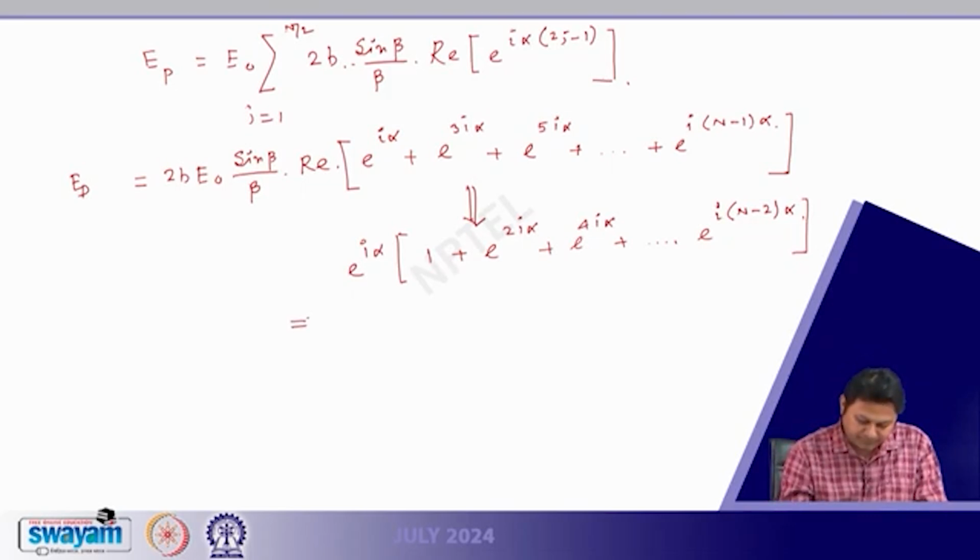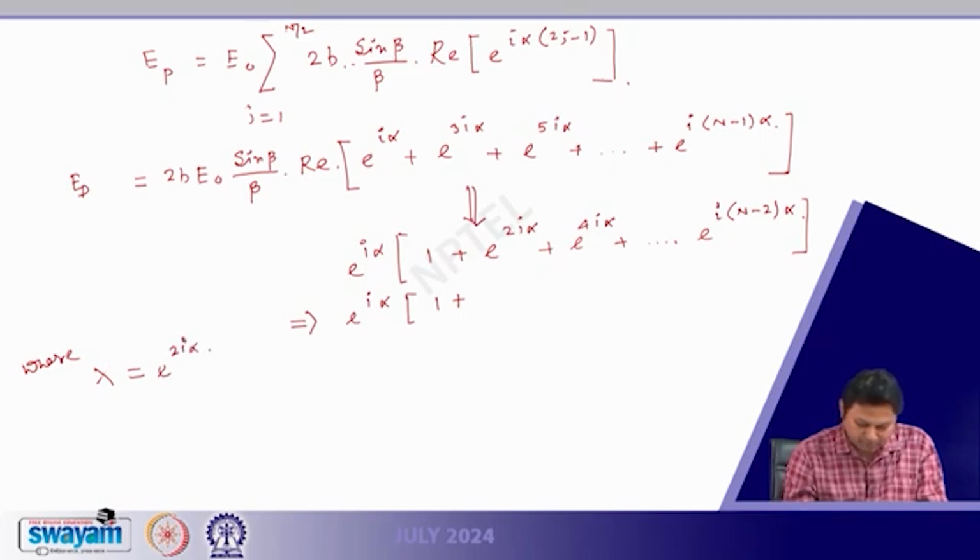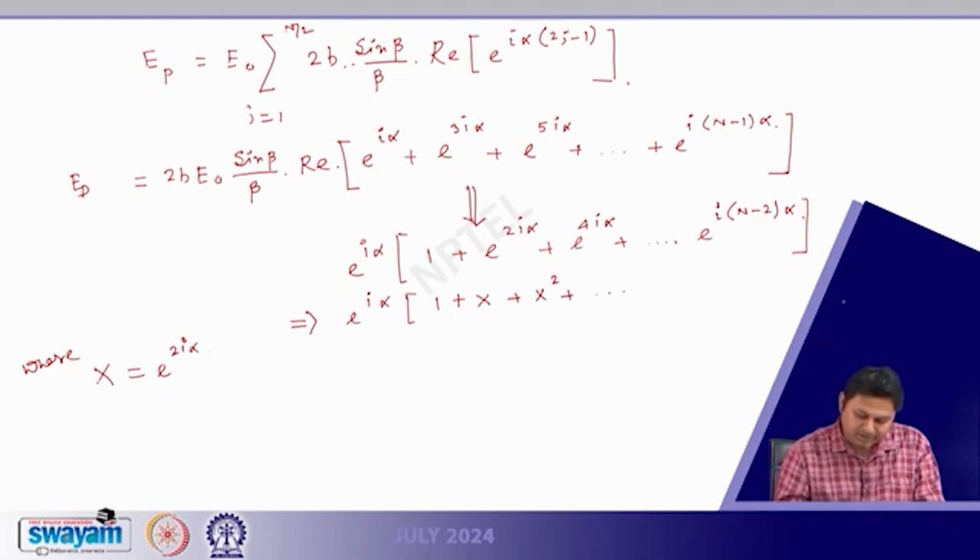Now, this is further e to the power I alpha into 1 plus, if I write x to be e to the power of 2 I alpha, then this term is x, then x square, so on, and this term e to the power 2 I alpha I consider x.